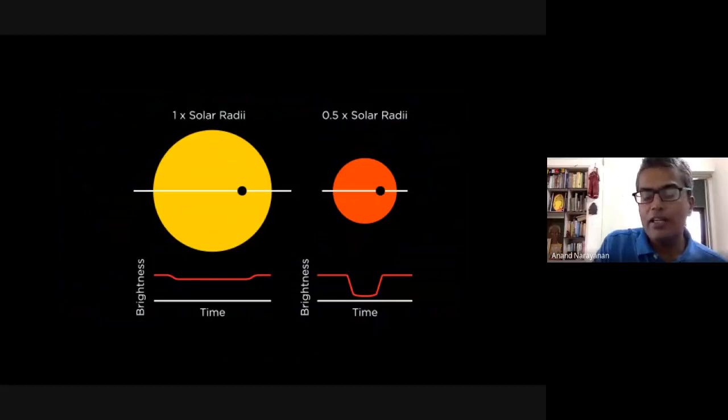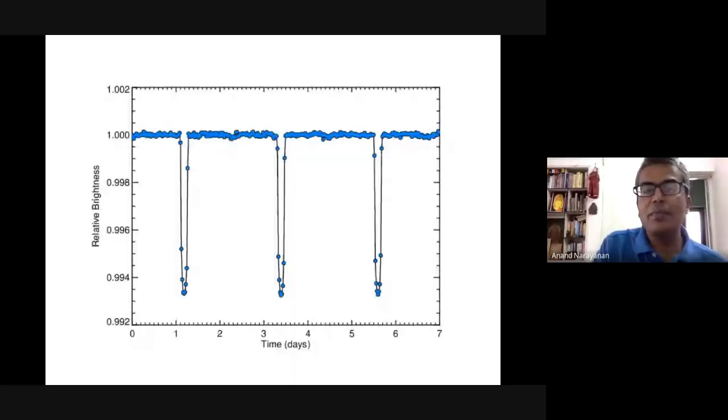Okay, so that's essentially what happens in the transit method. So here is some actual data. What is shown here is the brightness of a star along the y-axis, and along the x-axis is duration in units of days, and each blue dot here corresponds to a measurement of the brightness of a particular star.